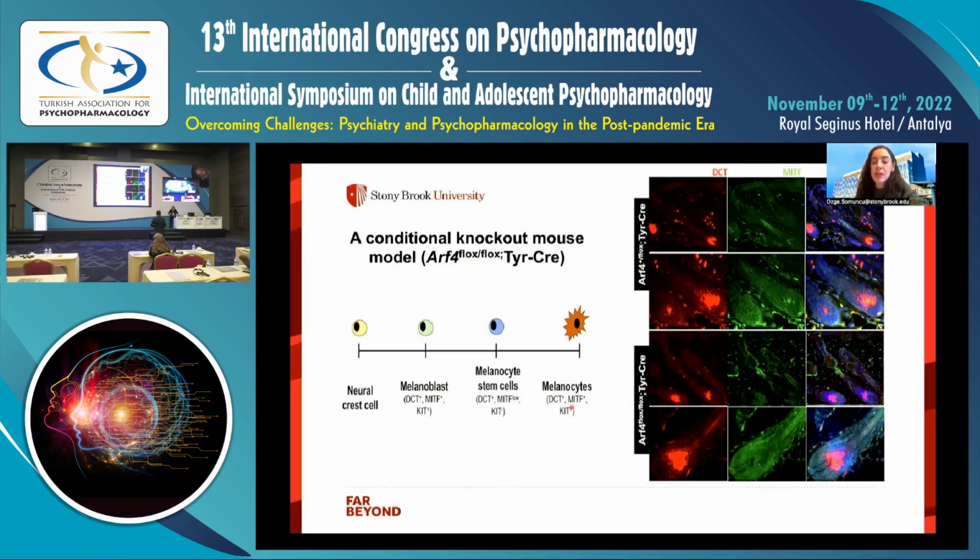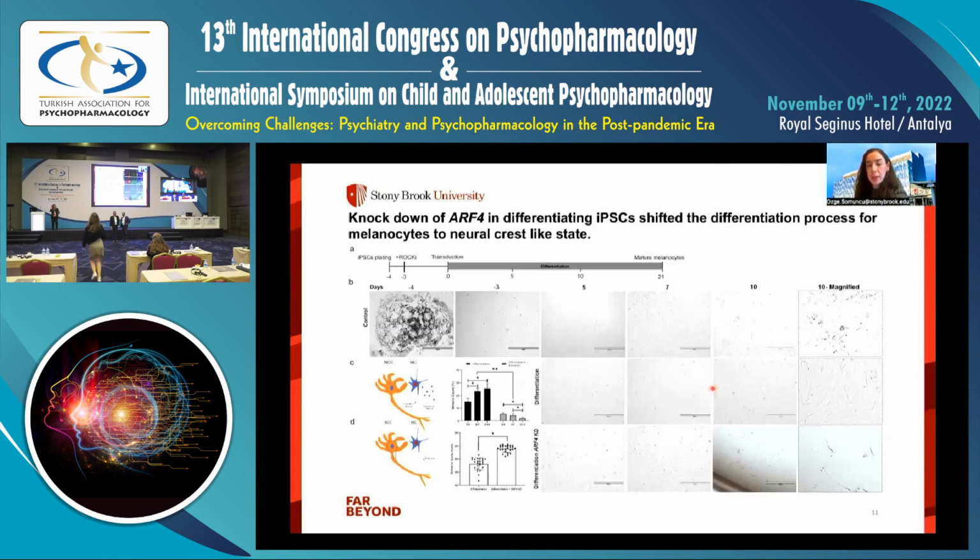The melanocytes are DCT MITF positive, and as you can see in our mutants, there were almost no double positives, which was significantly down, indicating indeed the melanocytes were not being properly differentiated.